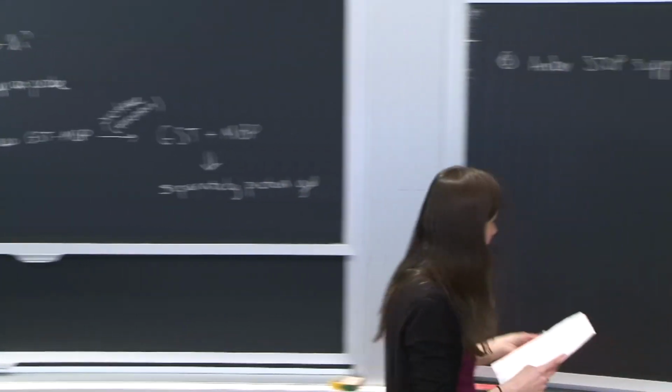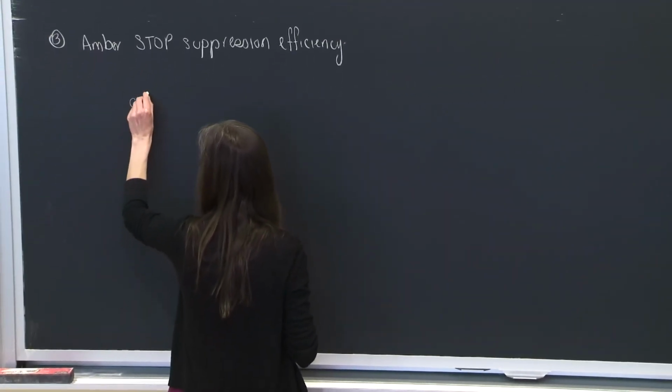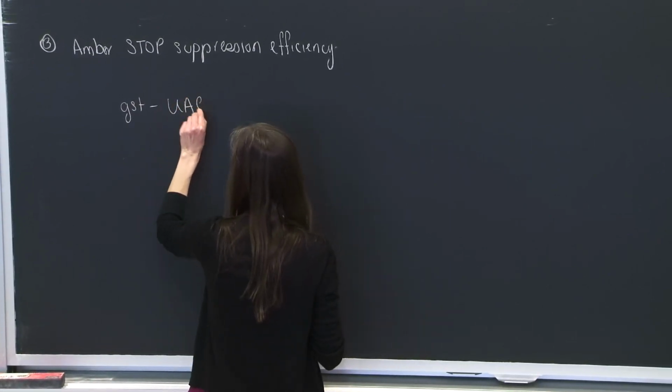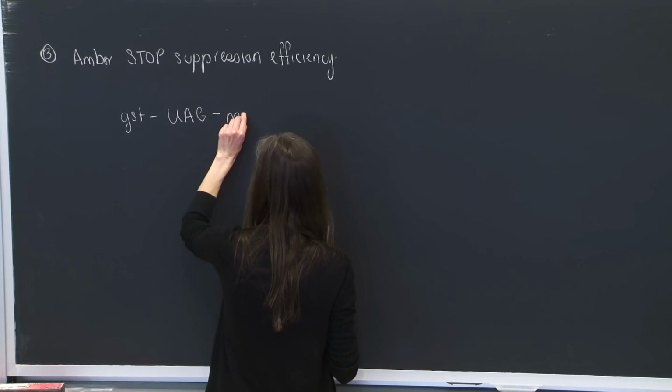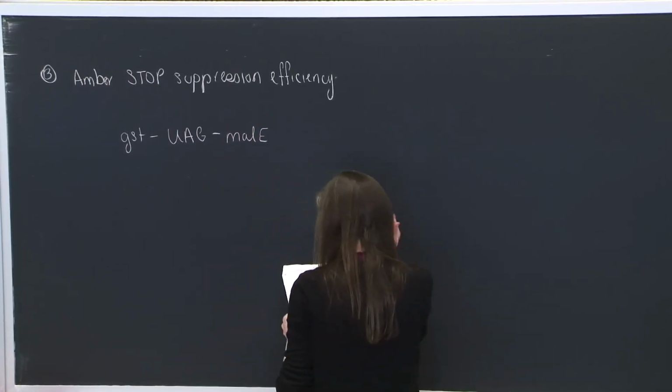Okay, so they made two different plasmids. So a plasmid encoding GST, the stop, and MalE. So this is the gene name for MBP.